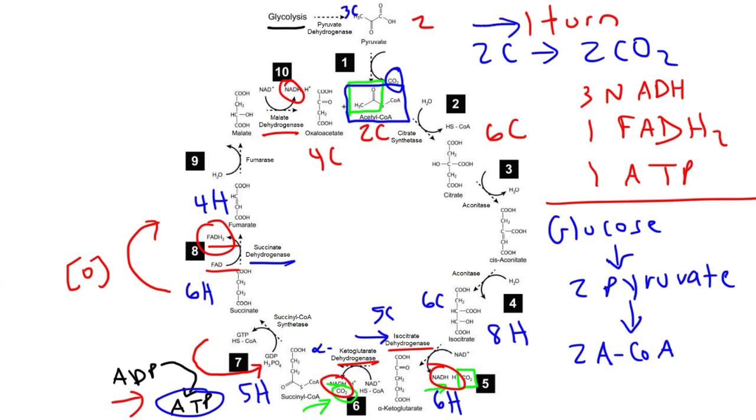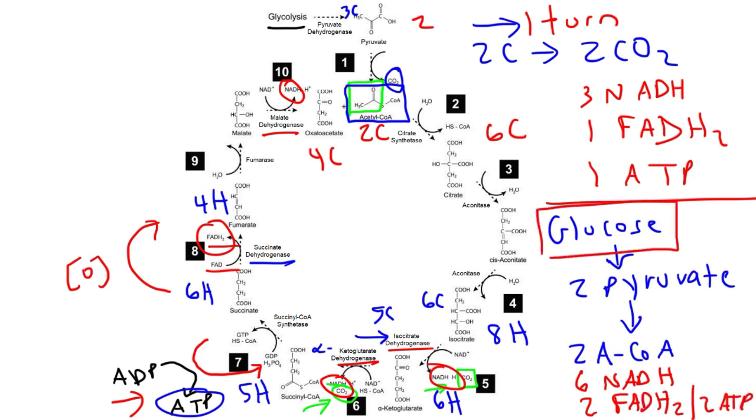So one glucose molecule will yield 6 NADH molecules, 2 FADH2 molecules, and 2 ATP. So that's the net result of the Krebs cycle for one molecule of glucose. You get 6 NADH, 2 FADH2, and 2 ATP molecules. So just keep that in mind.